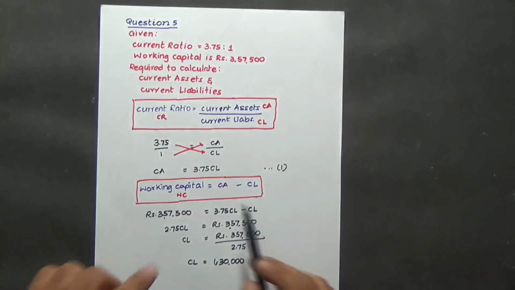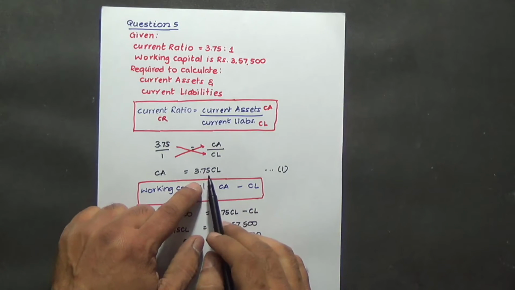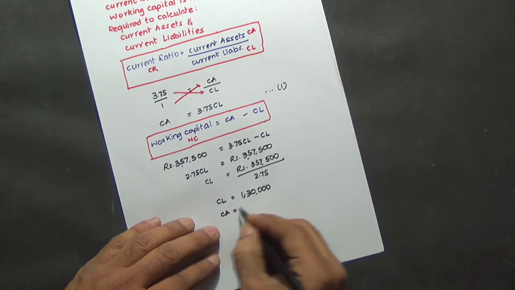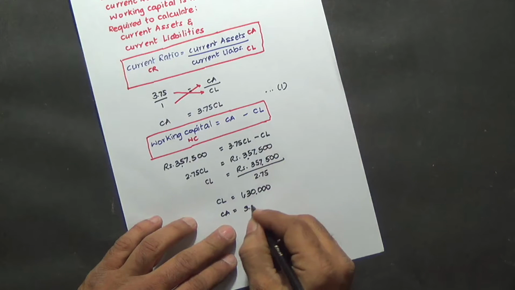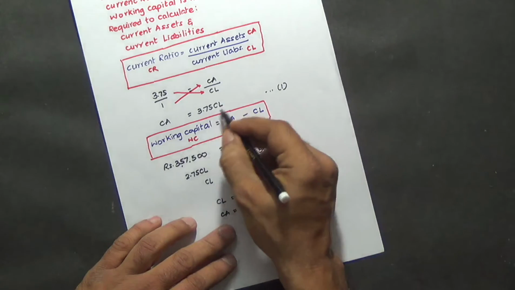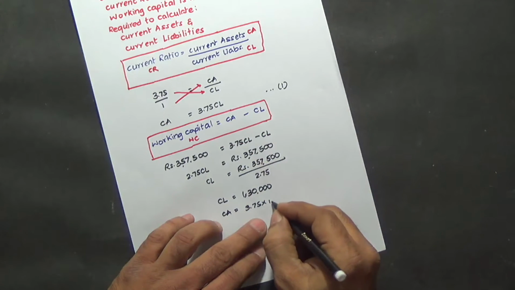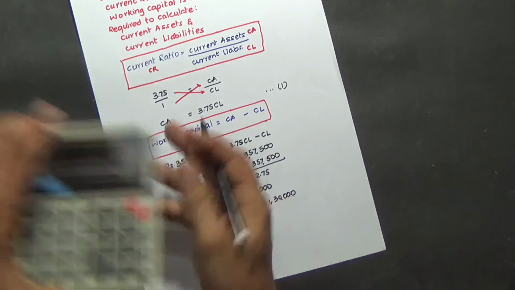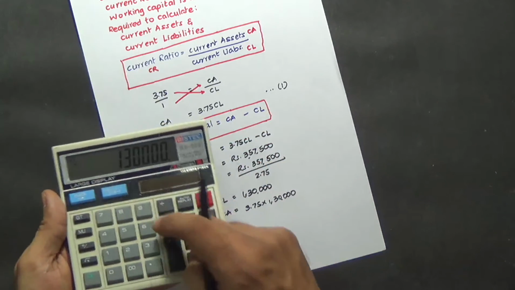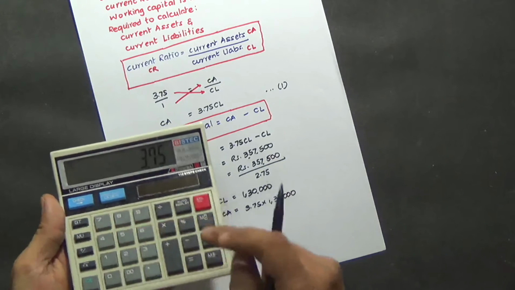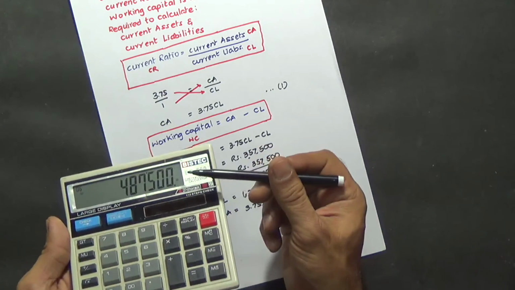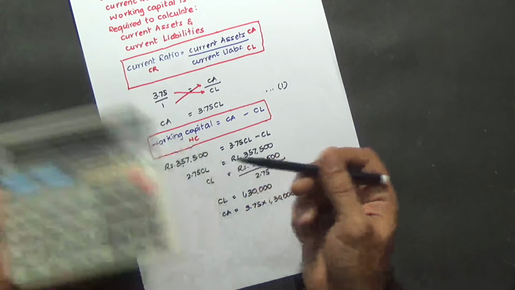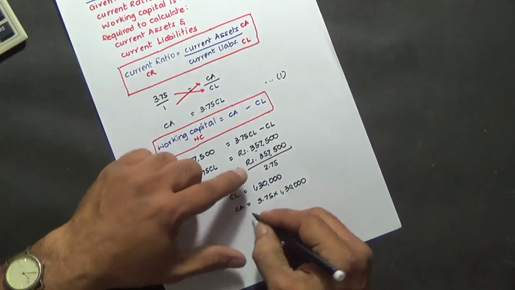Current assets we know is 3.75 times current liability. So current assets is 3.75 into current liability, which is 1,30,000. So 1,30,000 into 3.75 will give us 4,87,500. 4,87,500 is current assets.